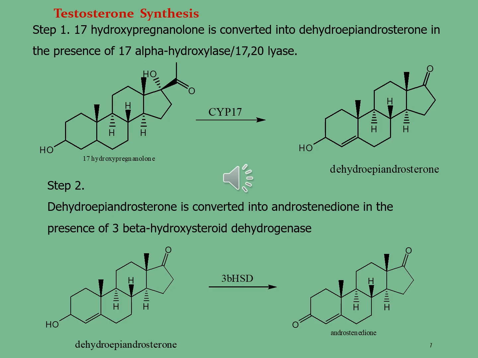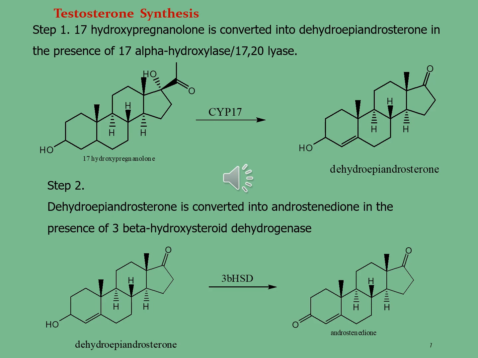You can see over here in the first reaction the structure of 17-hydroxypregnenolone, in which the hydroxyl group is present at carbon 3 position and an acetyl group is present at carbon 17 position. In addition, one hydroxyl group is present as alpha in the 17 position too.